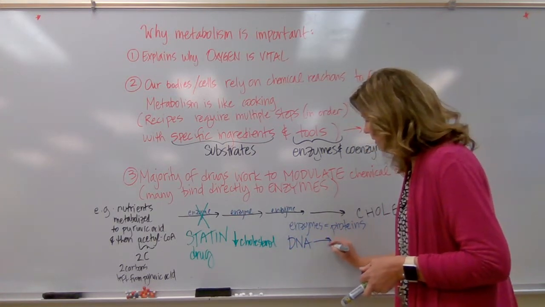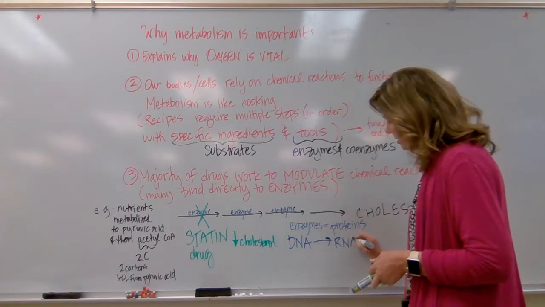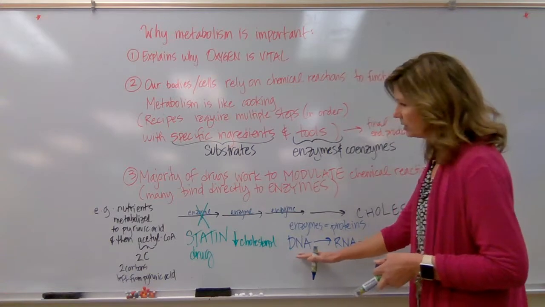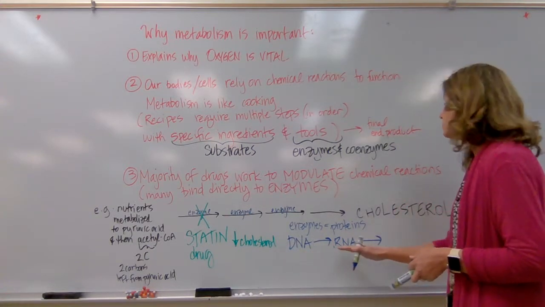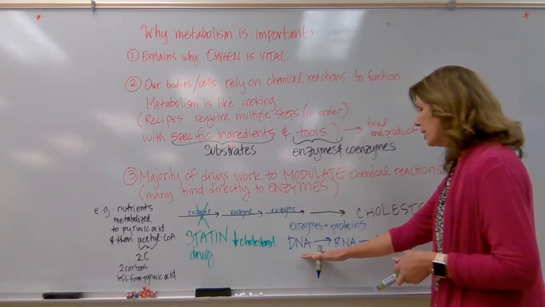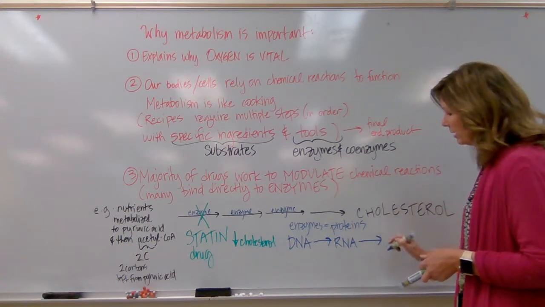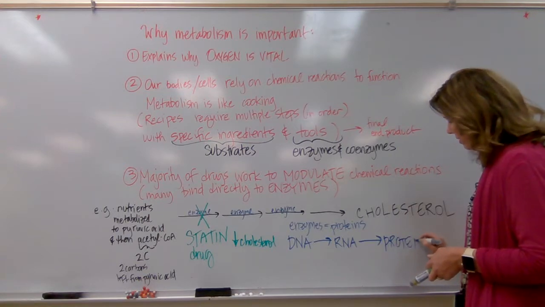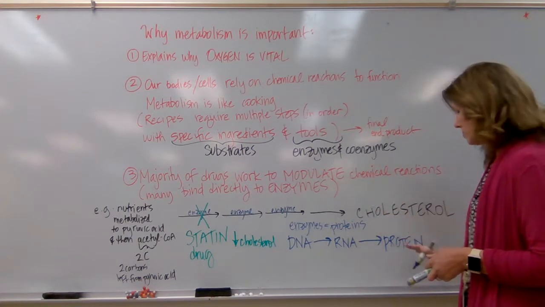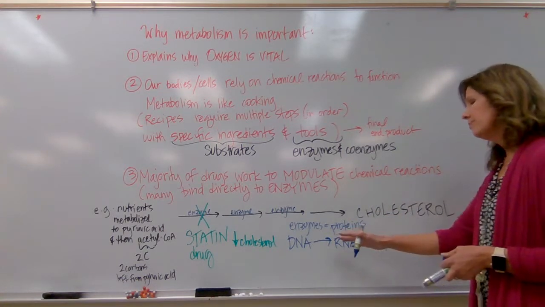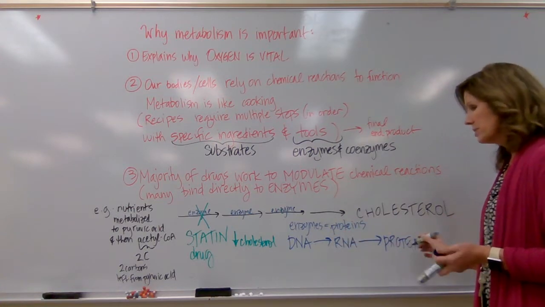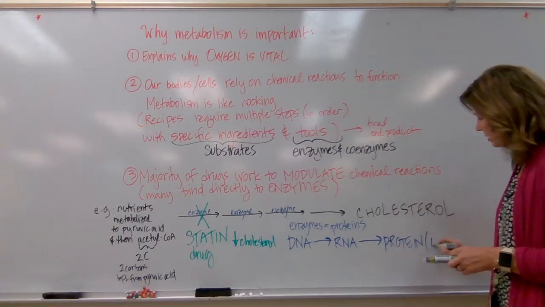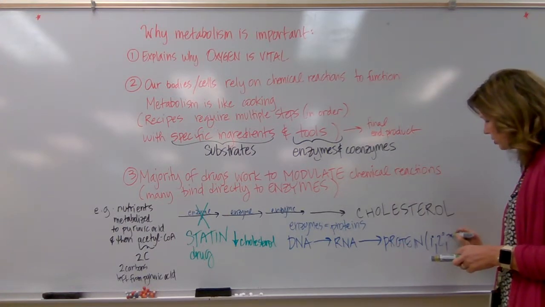So we have seen in genetics that information is stored in our DNA, and then it will be expressed by having a complementary copy of that DNA transcribed into RNA. That RNA will be translated to produce a protein. I did mention enzymes are proteins. They will have their specific three-dimensional shape, and we'll have that primary, secondary, tertiary shapes.